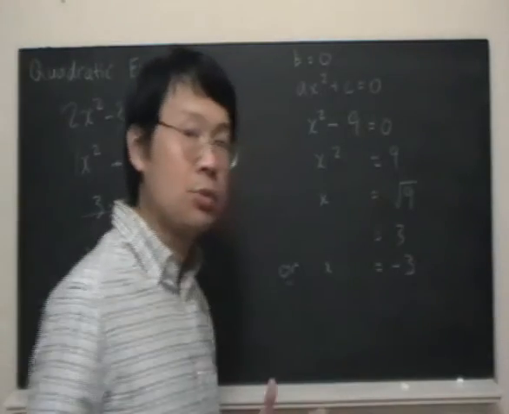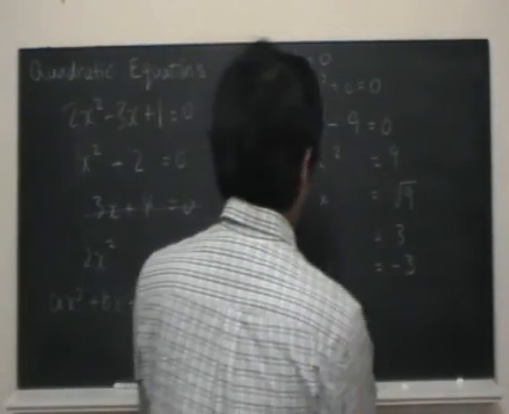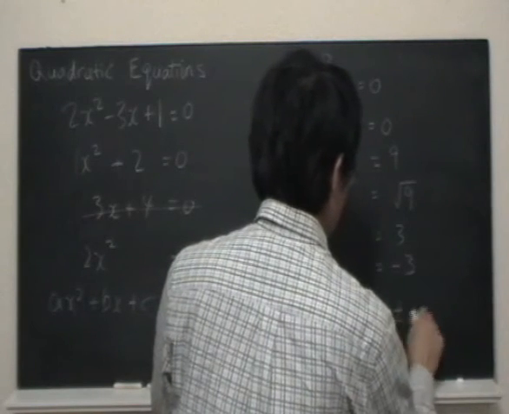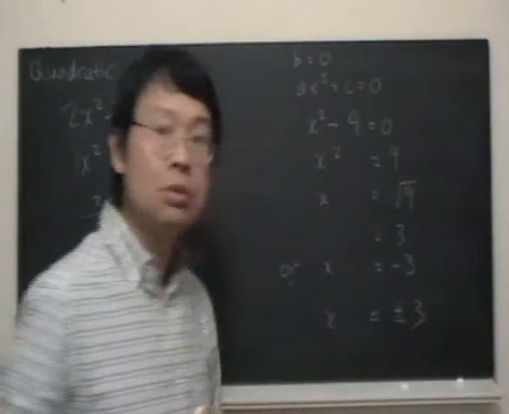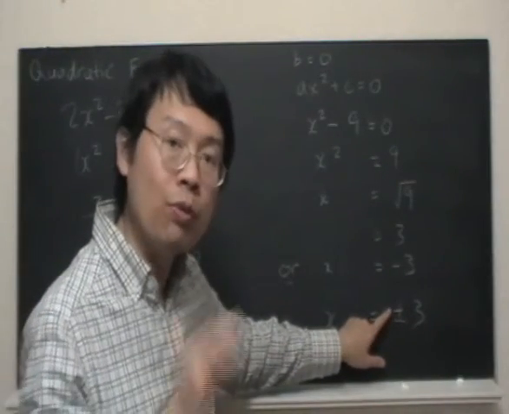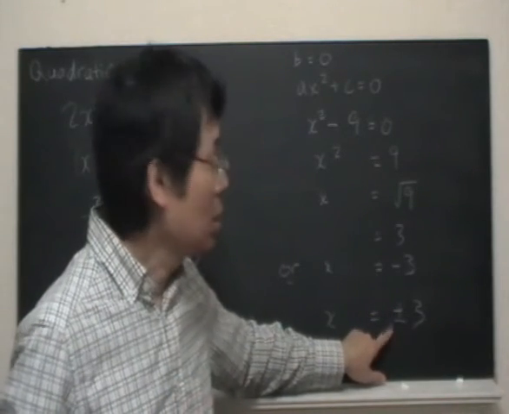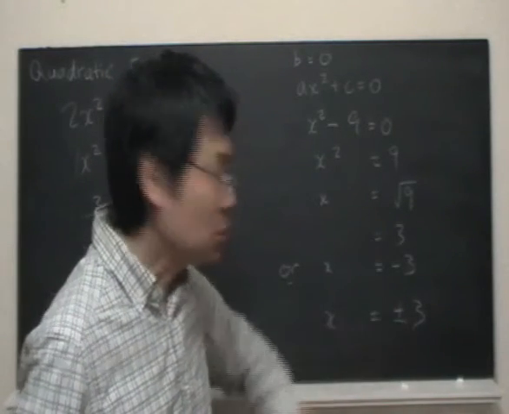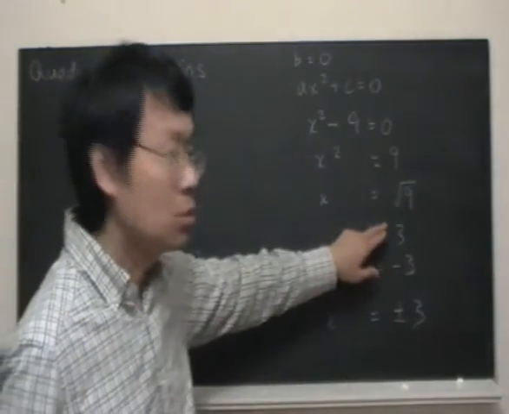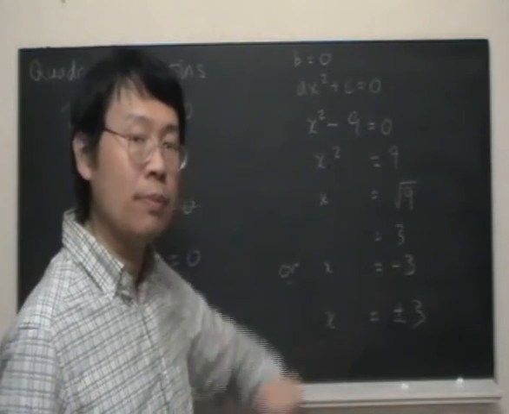We can either just write 3 or minus 3, or we can write x is equal to plus minus 3, like that. We can use this symbol with a plus sign and a minus sign below. So when we say plus minus 3, it means the same as saying 3 or minus 3.